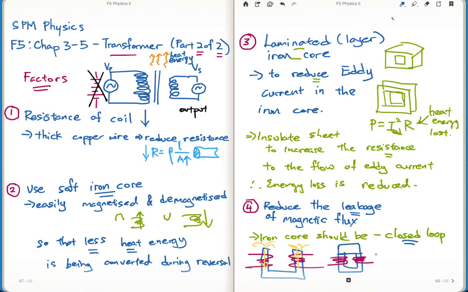Or you wind them together. You wind the primary coil and secondary, and then wind it over like in a T shape. Primary, you have a coil, primary, and then followed by the secondary.